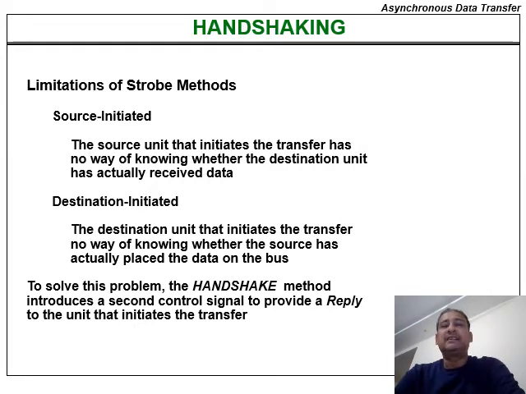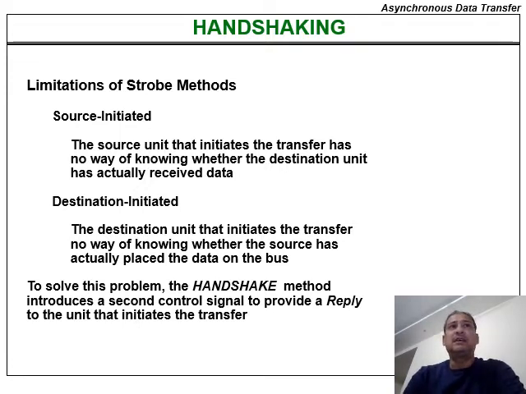Similarly, if it is a destination initiated strobe, the destination unit indicates to the source unit that it is ready to accept the data, and then expects the source unit to have put the data on the data bus, but it does not have any way of actually knowing whether the source unit has put a fresh piece of data on the data bus or not.